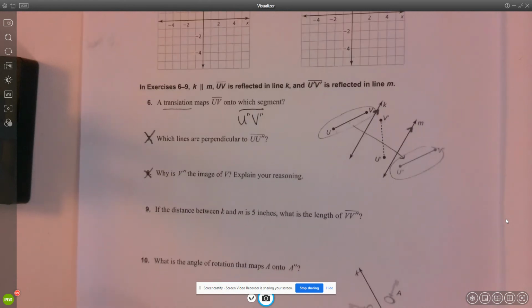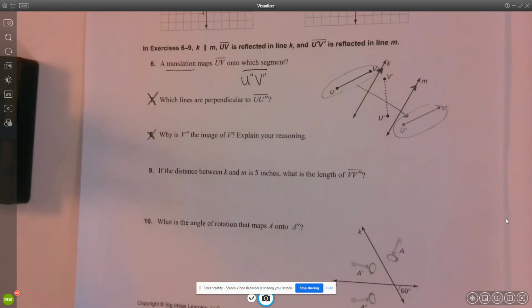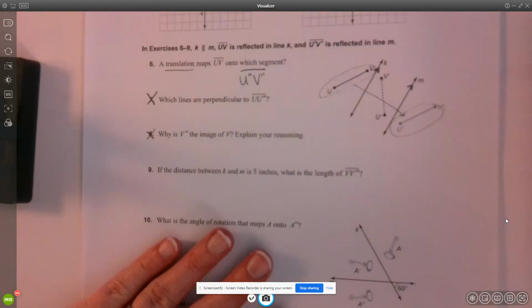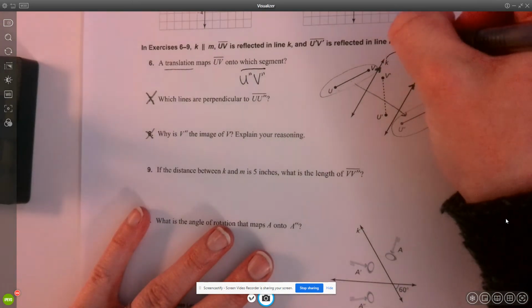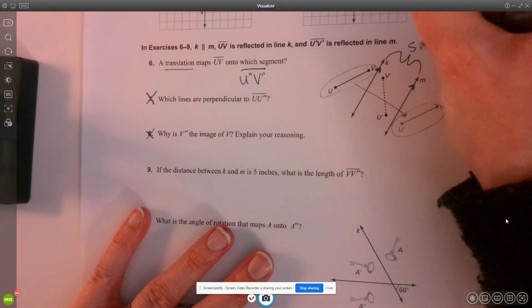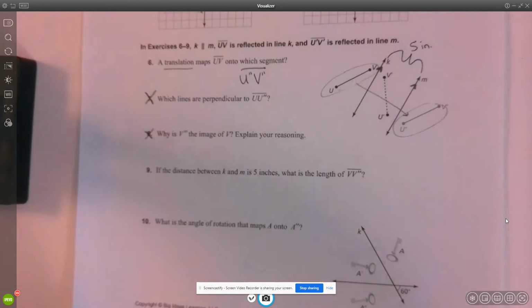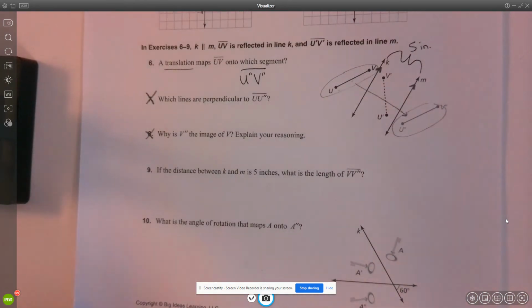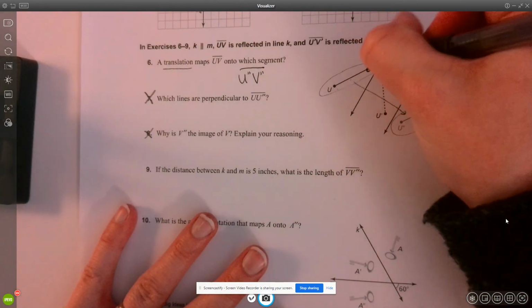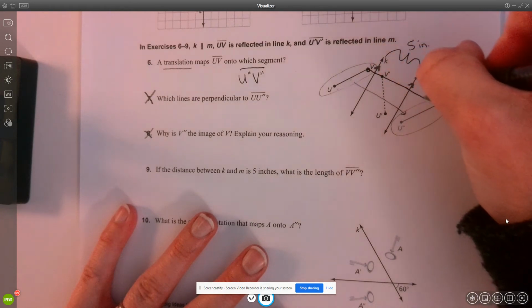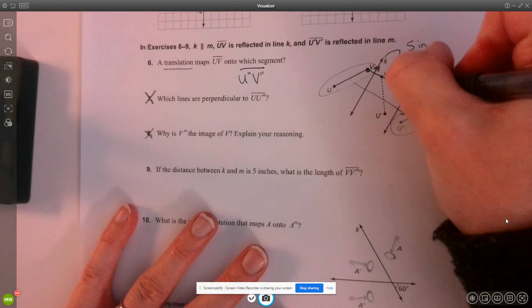We're going to skip 7 and 8. It says if the distance between line K and line M is 5 inches, what is the length of the segment that connects V to V double prime? We want to know what's this distance.